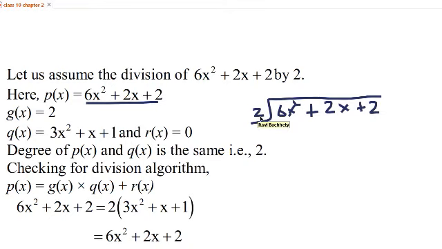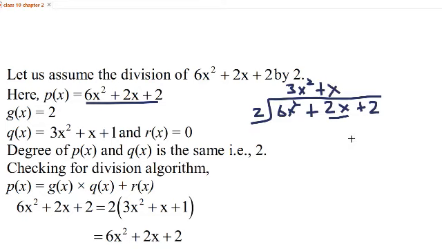So see, what should be multiplied to 2 to get 6x square? The answer is we have to multiply it with 3x square, because 2 3s are 6, and x square is there, so 2 3s are 6, x square you will get, right? So this will be cancelled. Next, what should be multiplied to 2 to get 2x? To get 2x, this needs to be multiplied by x. So 2 into x will give you 2x.